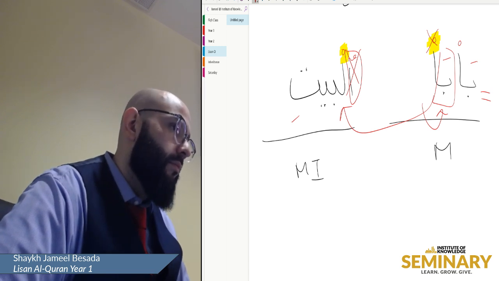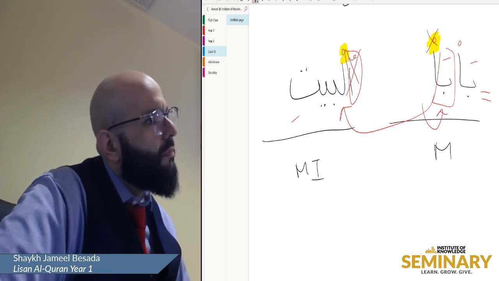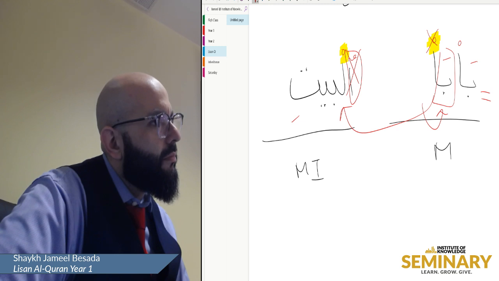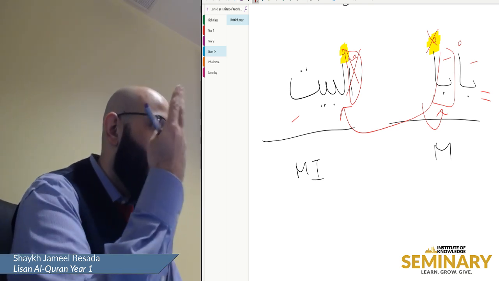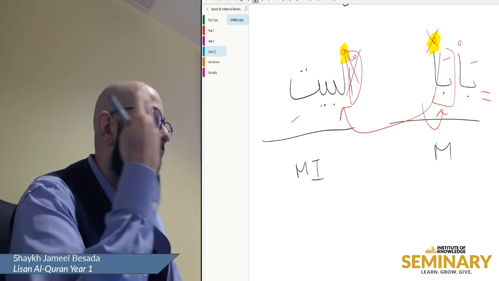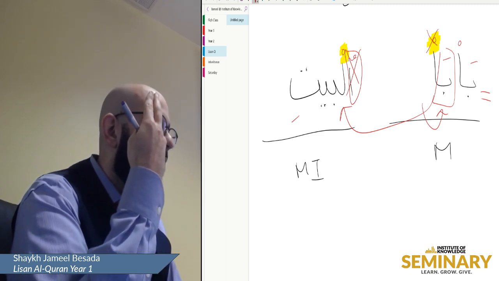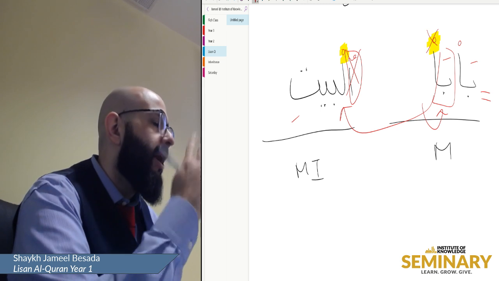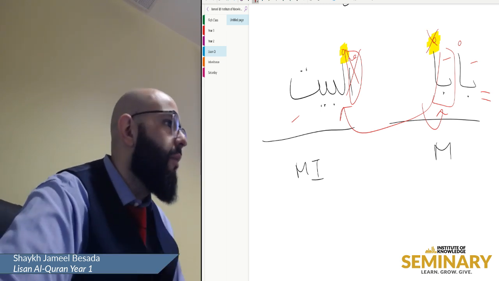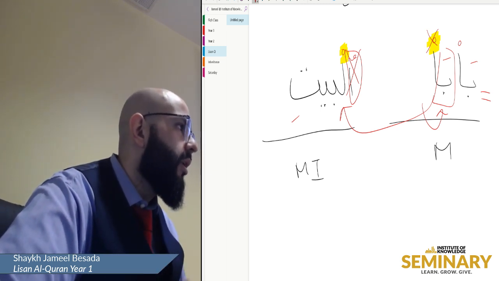So why can't we put one shadda on the ba instead of writing two bas? It's not any two bas. It's two bas that are back to back, which these are not because they have an alif in the middle. When they're back to back, the first ba has to have sukoon and the second ba has to have a vowel. They both have vowels, so that wouldn't work.